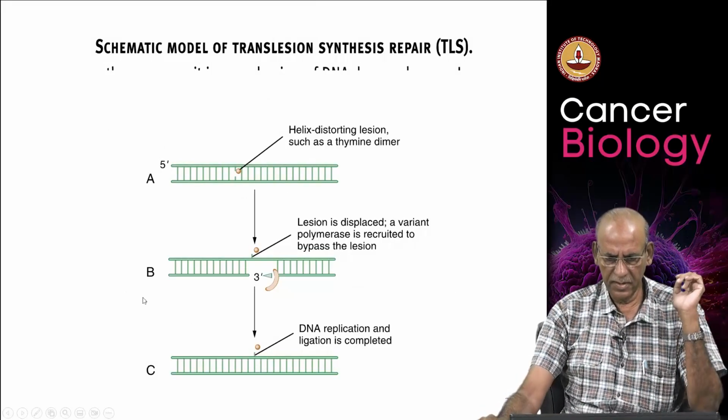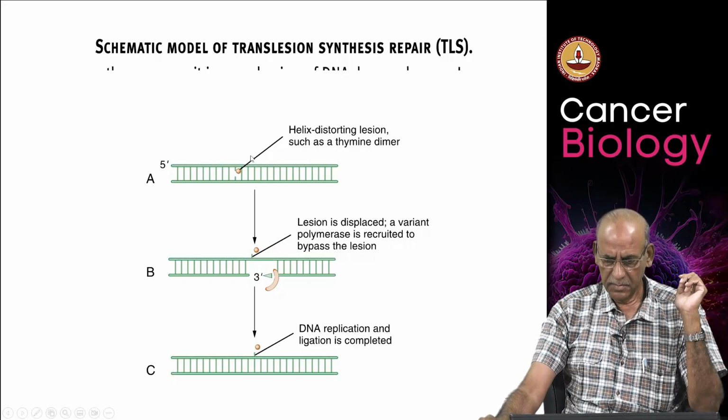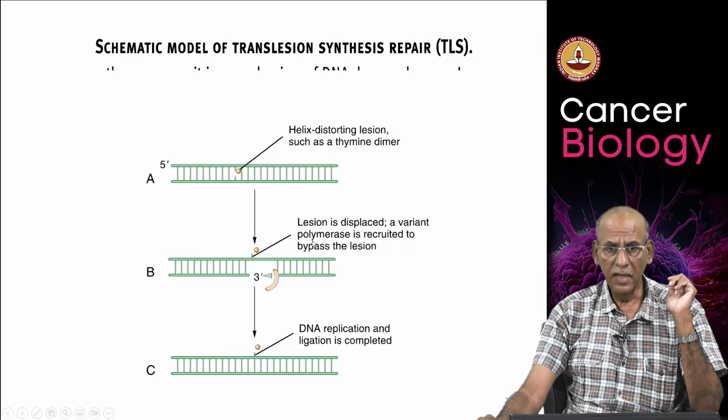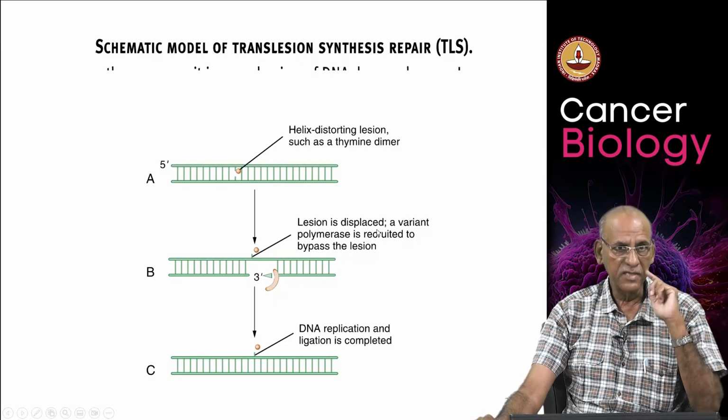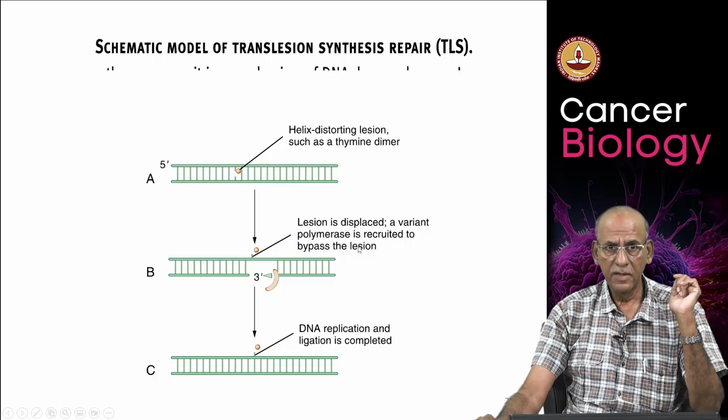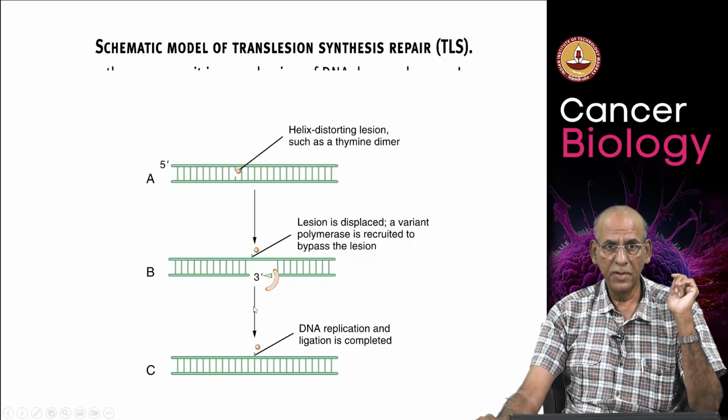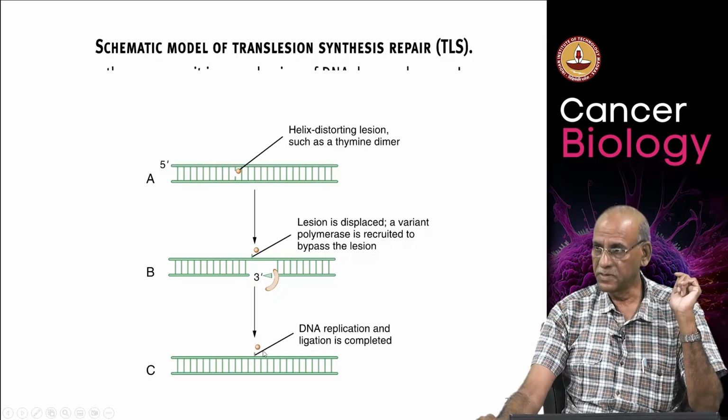Here you can look at the picture, as I always tell. So, you have a lesion here, let us say a thymine dimer, then the thymine dimer is removed. A variant polymerase, pol eta, is recruited to bypass the lesion, and then the usual process, DNA polymerase replication and ligation, completes the process.